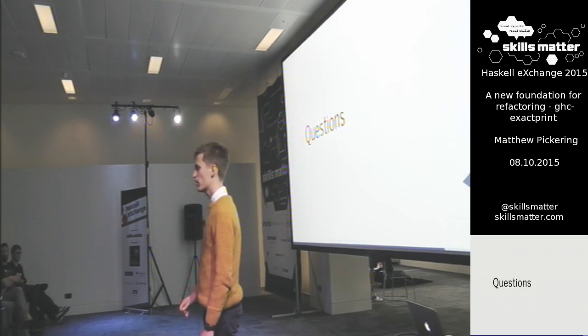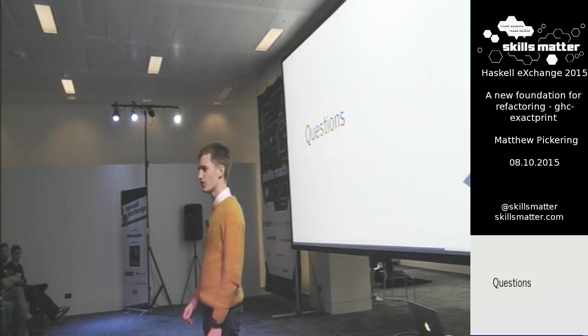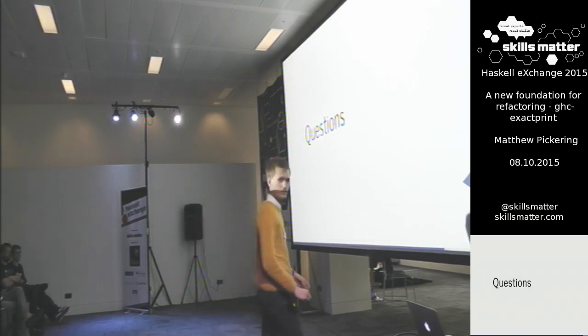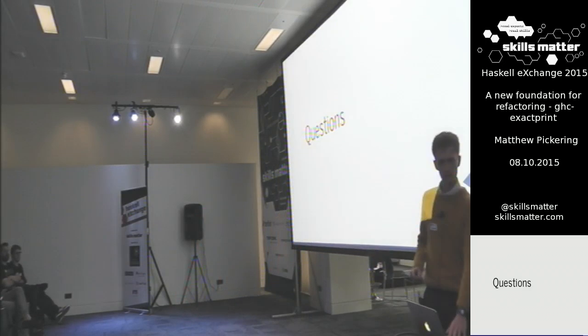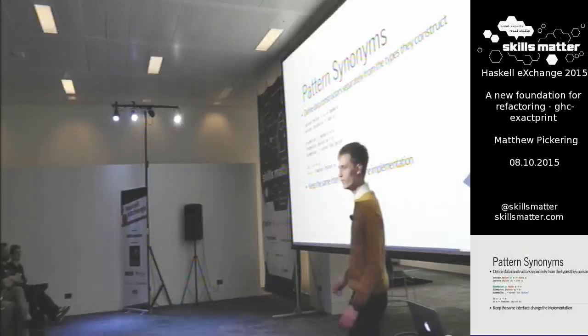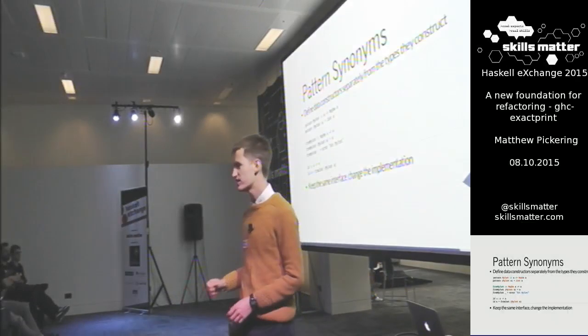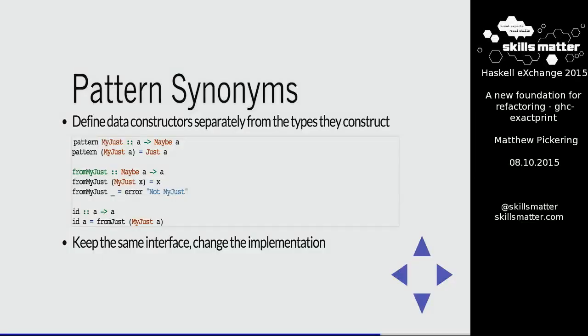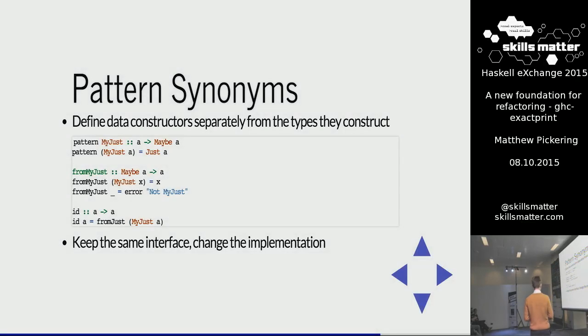Any more questions, or should I just go and talk about pattern synonyms for a few minutes? Okay. So I've talked a bit so far about how we can provide a nice API for refactoring, but people like using HaskellX.